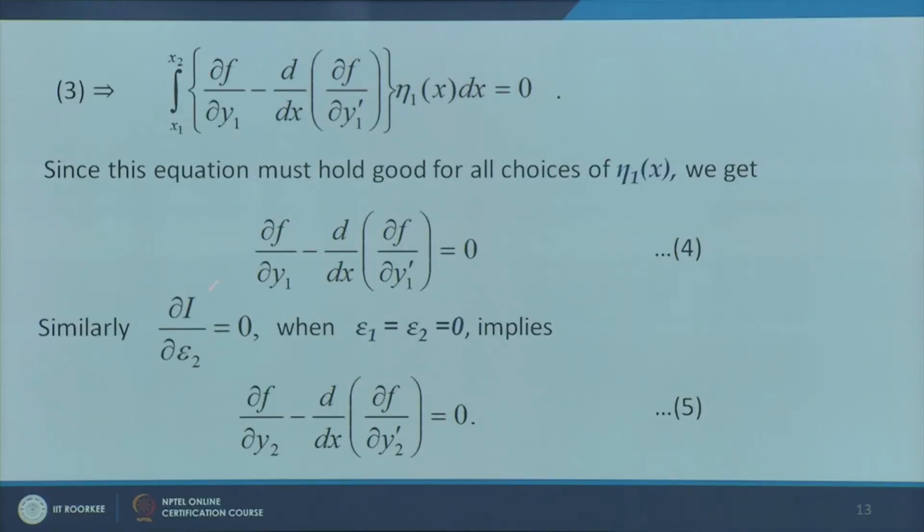equal to 0. Similarly, when we differentiate I of epsilon 1, epsilon 2 with respect to epsilon 2 by using the Leibniz rule of differentiation under the integral sign and put epsilon 1 and epsilon 2 equal to 0, what we will get is delta f over delta y2 minus d over dx of delta f over delta y2 dash equal to 0.